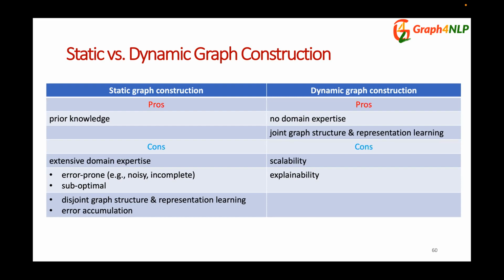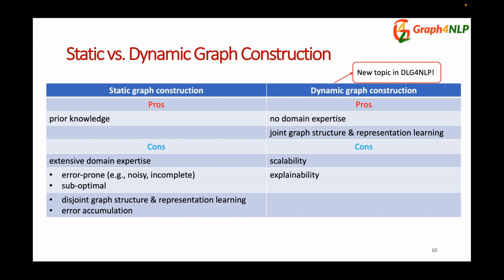Compared to static graph construction, dynamic graph construction is quite a new area, and it has not been extensively studied in the DLG4NLP area. Its advantages include requiring no domain expertise, and the joint learning of graph structure and graph representations.